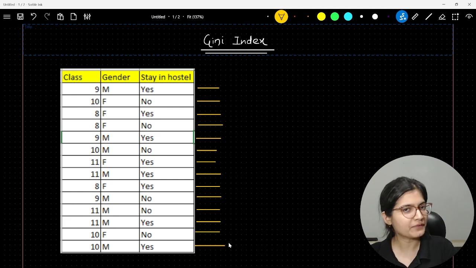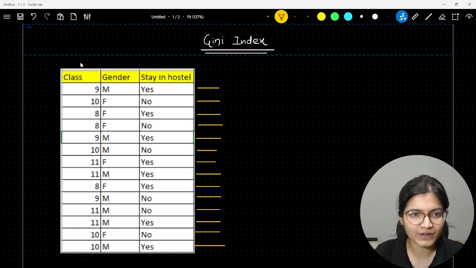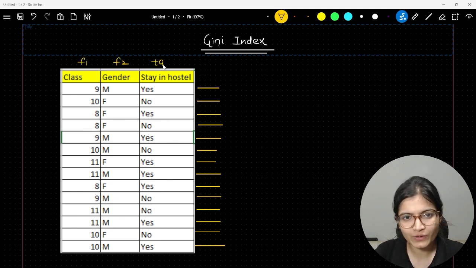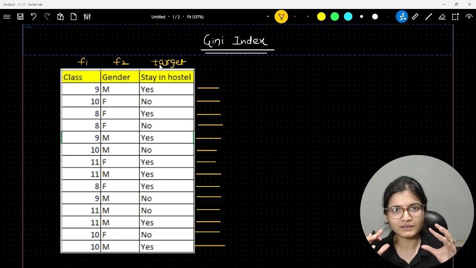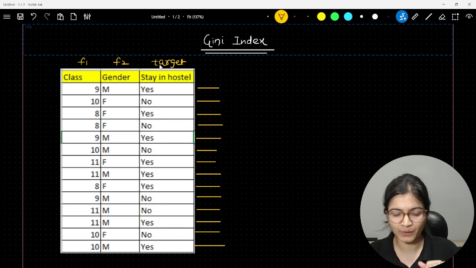We have feature F1 as class, feature F2 as gender, and a target column where either a student will stay in a hostel or not, depending upon their class and gender. Now, we want to create a decision tree of this data set.